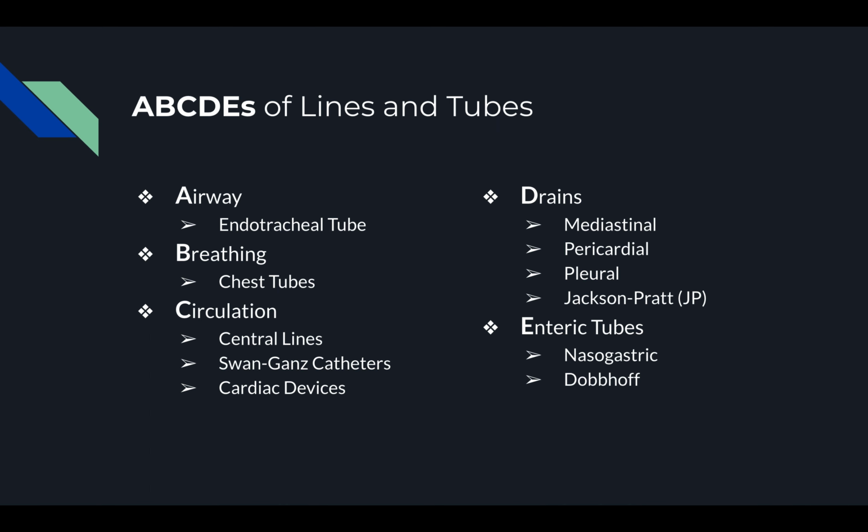With drains, we looked at a drain in the pleural space, in the pericardial space, and in the mediastinal space. And with enteric tubes, we talked about identifying the tip of those tubes being in the digestive tract for one, and for two, that they were distal enough within the stomach or the duodenum.